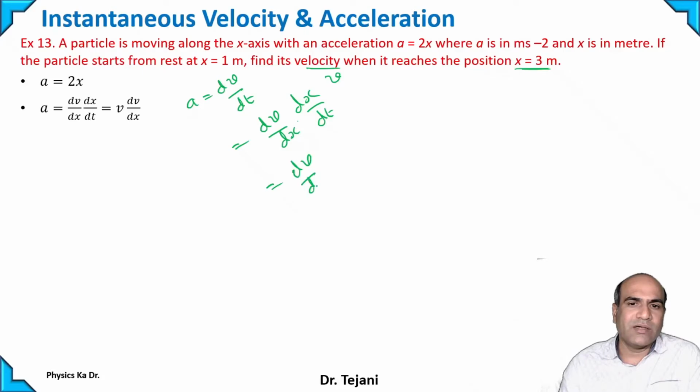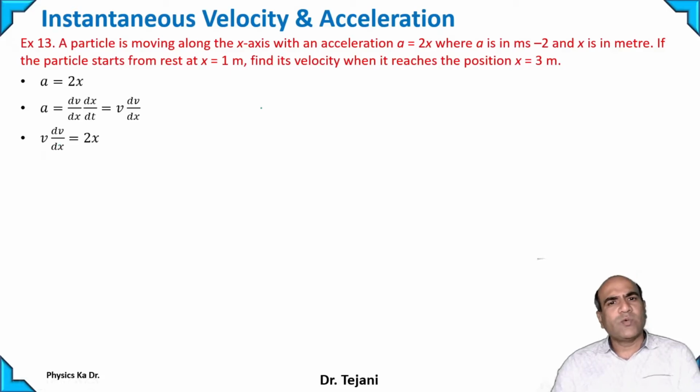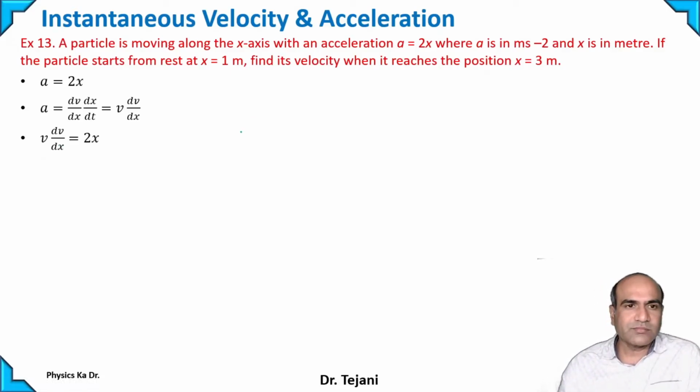It is v. So we can write a is equal to v dv by dx, and this is equal to 2x. Our equation should be in the form of x, because we need to convert this into x only. Displacement we require, so velocity should be in the form of x, not in the form of t.